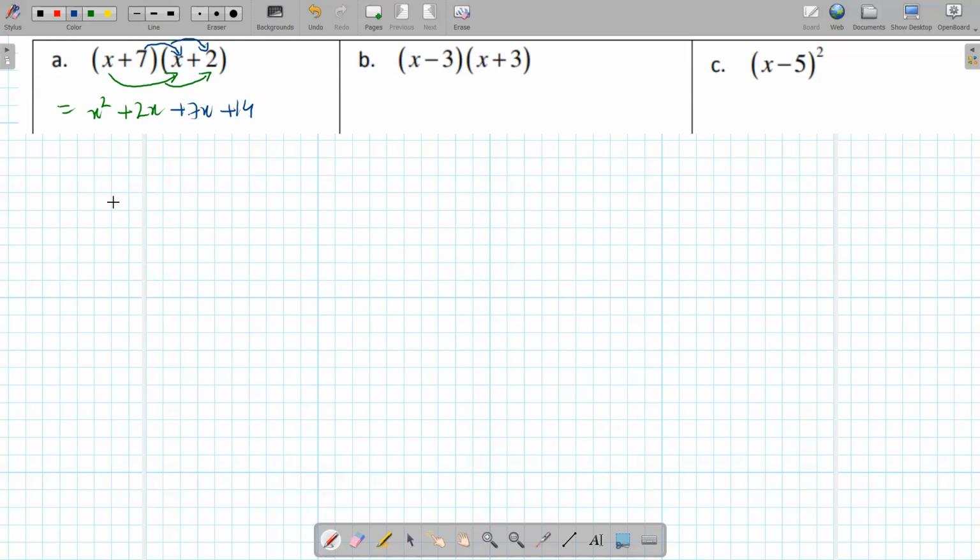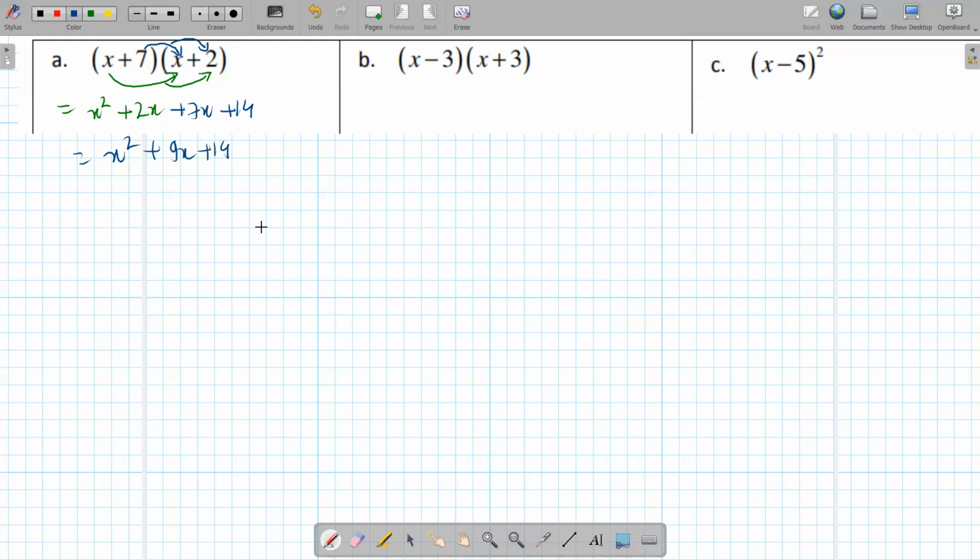The 2x and 7x. If you add them up, you get 9x. That's the final answer, x squared plus 9x plus 14.